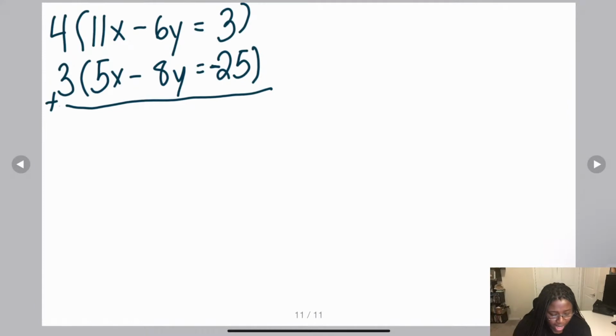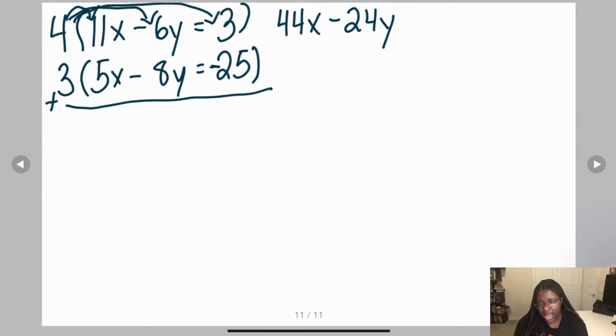So let's do that. 4 times 11x on the top will now give us 44x. And then 4 times negative 6y will give us negative 24y. And then don't forget, you have to multiply the 4 by the end number too. So this is going to equal positive 12.